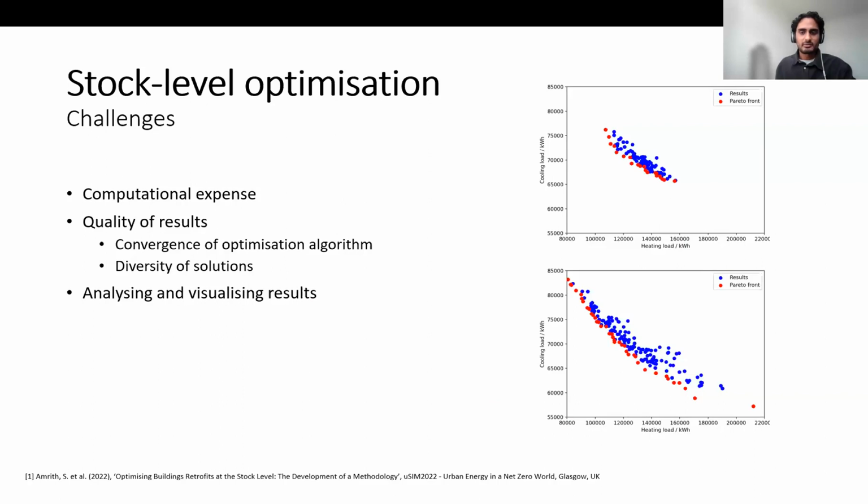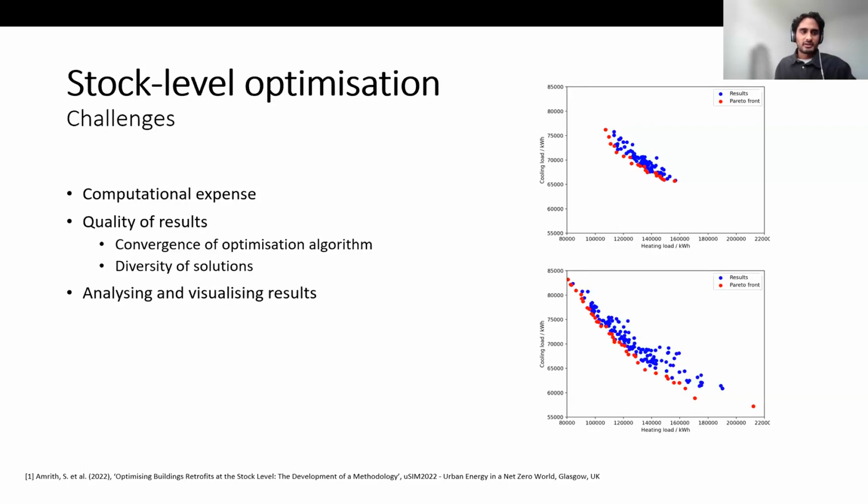The genetic algorithm is still a good choice for the stock level, but it just needs more attention on how this problem is set up. So my recent research has been looking at how we can reduce the parameter space even further by, for example, only considering the buildings that need to be optimized together and splitting these up into smaller optimizations.